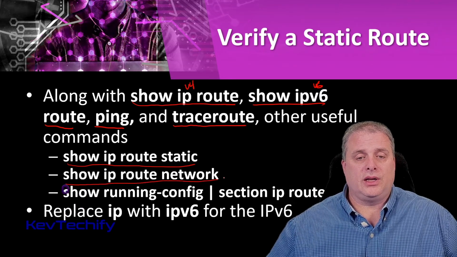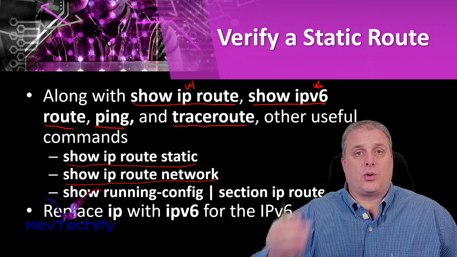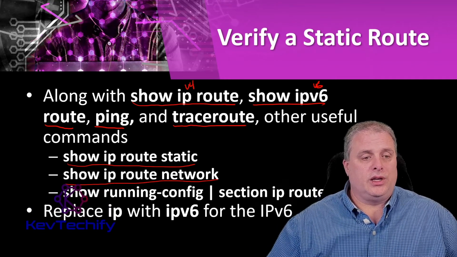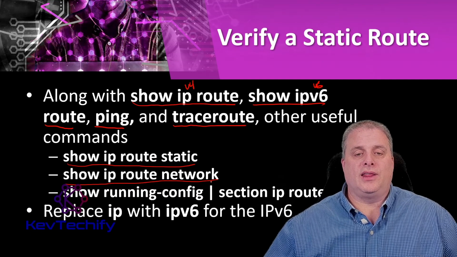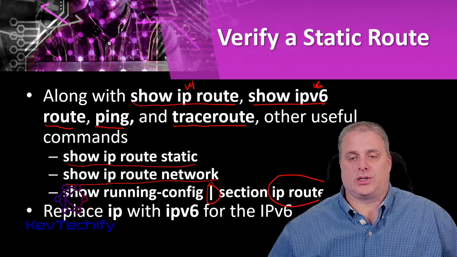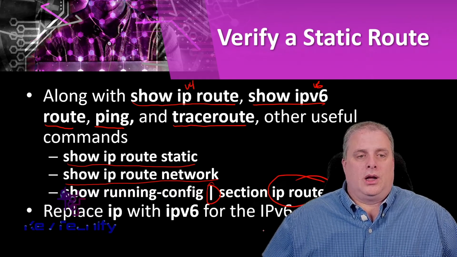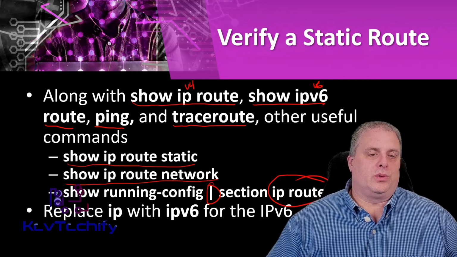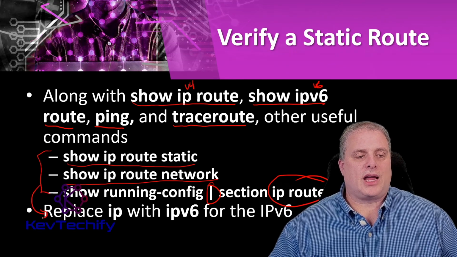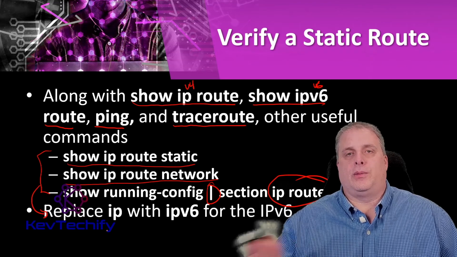Gives us all the network statements from our show ip route. And the last one we can use here is show running-config, and then filter it for just the sections on ip route. And of course, to do all these commands up here, you replace IP with IPv6 to get into IP version 6.